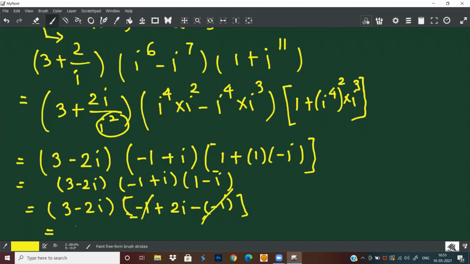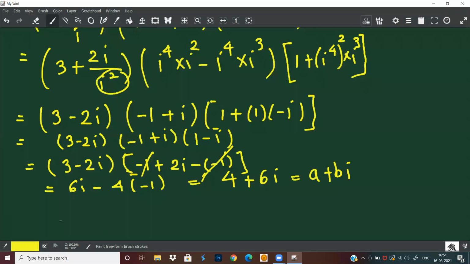This into this is 6i. Minus into plus is minus 4i square, which is minus 1. So this is going to be 4 plus 6i, equal to a plus bi. That gives you the value of a as 4, value of b as 6.